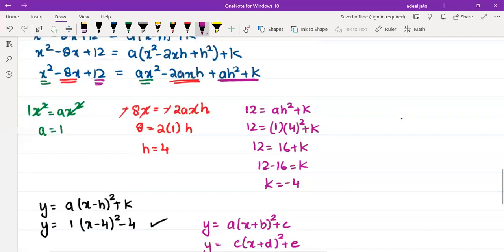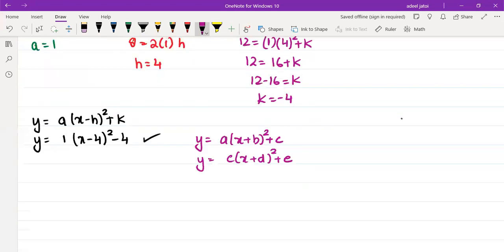We'll be opening up the completing the square form. That means x square plus 2xd plus d square. This will be opened and multiplied with c. Similarly, the above equation will be multiplied by a. And then we will be comparing with the given quadratic equation.